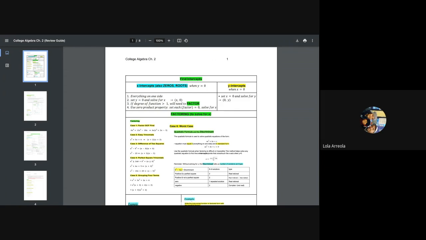So everything's on one side already. I just got to set it equal to 0. So that's what I'm going to do up here. Set my function equal to 0. So I have negative x squared minus 10x.